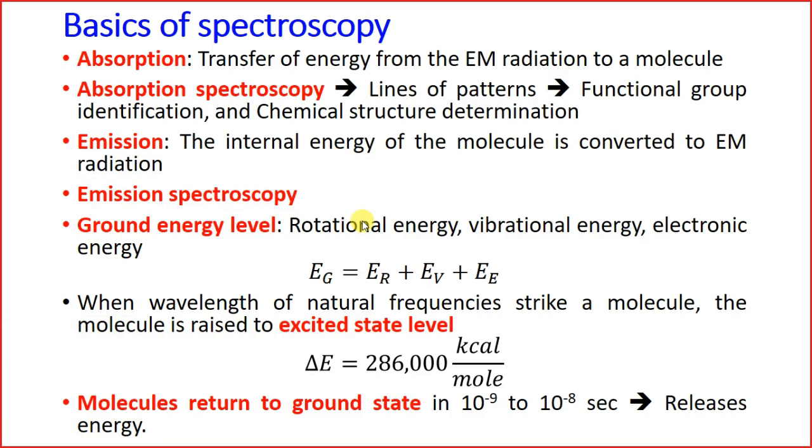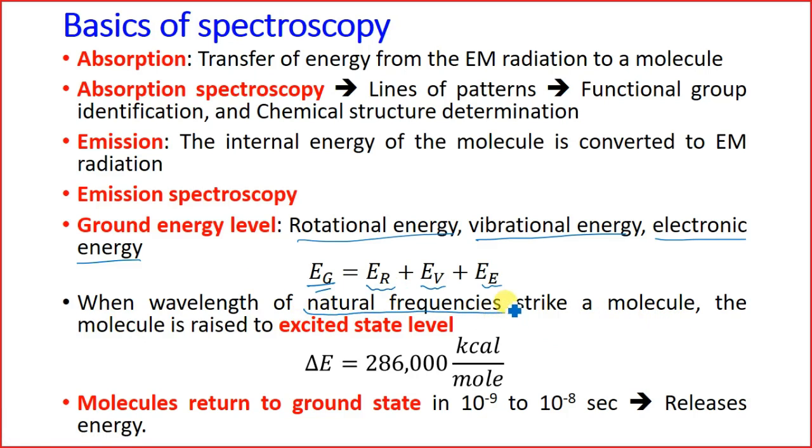Now, the ground energy level, given by Eg, has rotational energy, vibrational energy, and electronic energy. Rotational energy is given by Er, vibrational by Ev, and electronic by Ee. When a wavelength of natural frequency strikes a molecule, what do you mean by natural frequency?